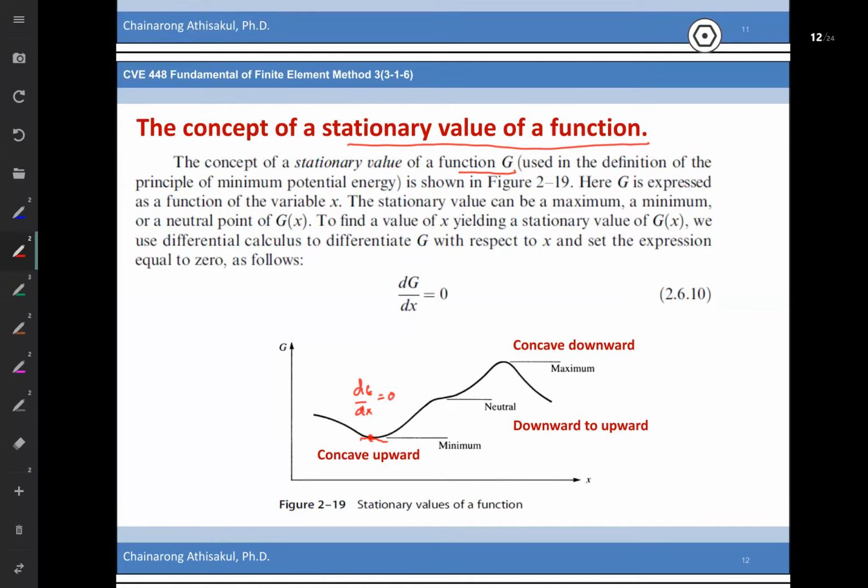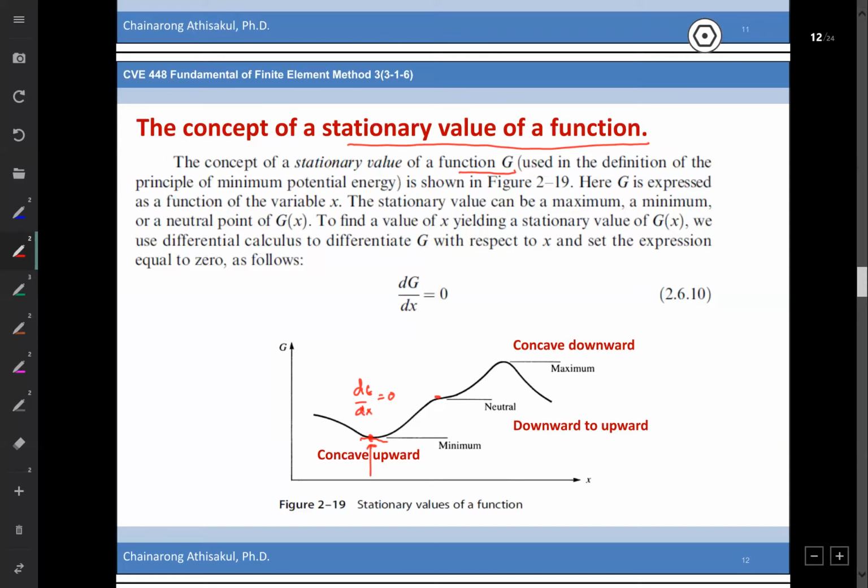This may happen in at least three cases: it may be the minimum value like this, or it may be neutral, at the point of change in curvature, maybe a critical point.